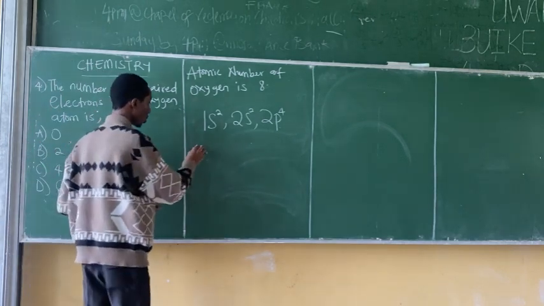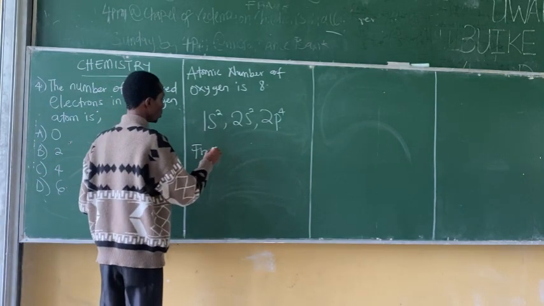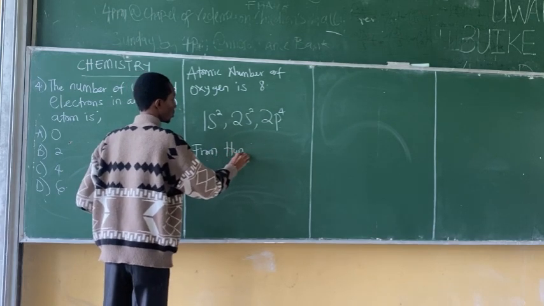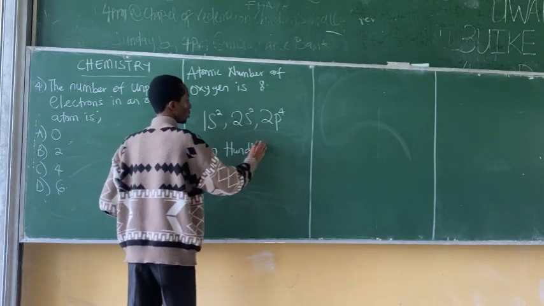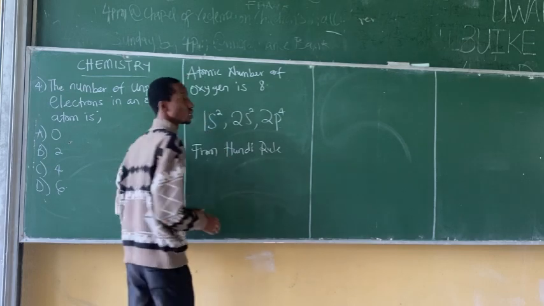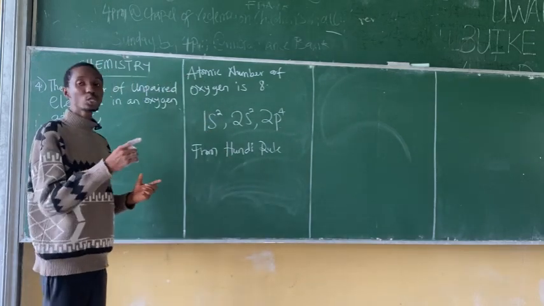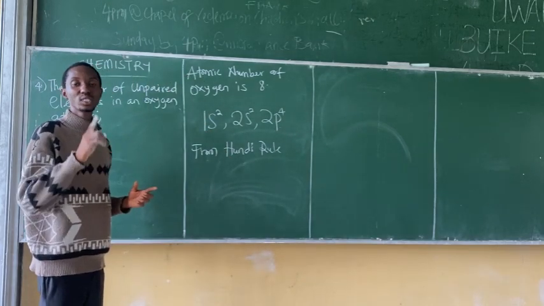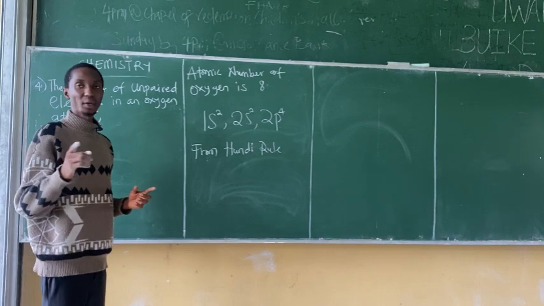Now from Hund's law or from Hund's rule, it says electrons in an orbit will be filled singly first before pairing.